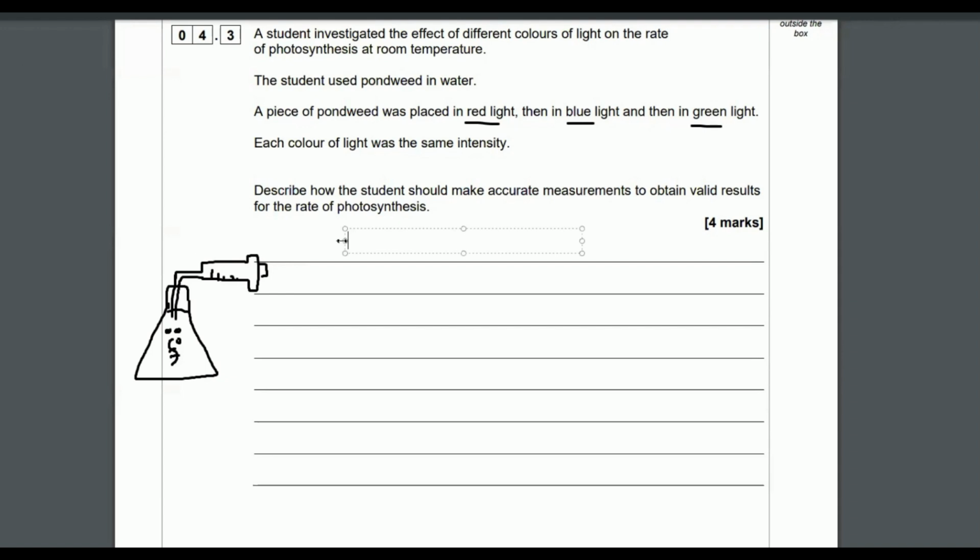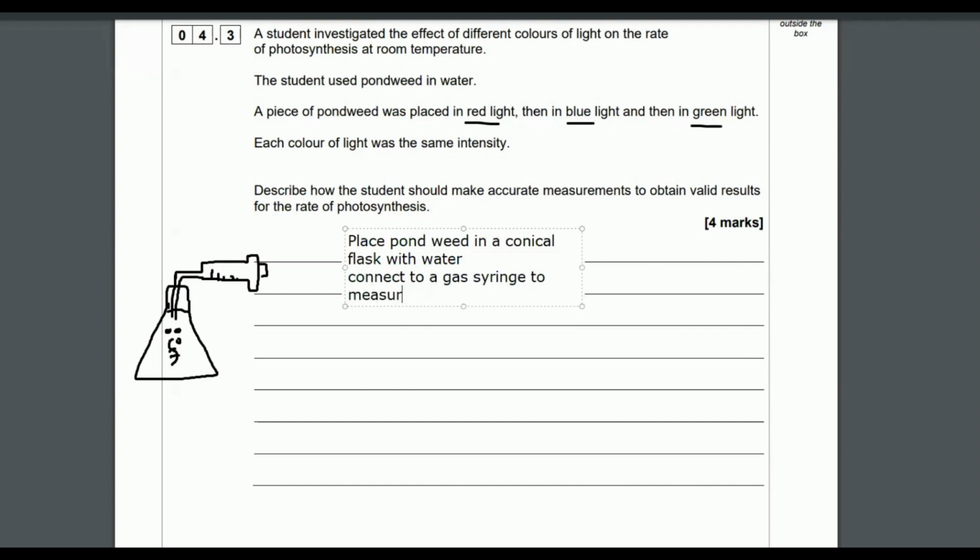So what I would say is, let's say a little... You probably don't need any of these to get the marks, but this just gets you the feel. Place pondweed in a conical flask with water. Connect to a gas syringe to measure the volume of oxygen released.